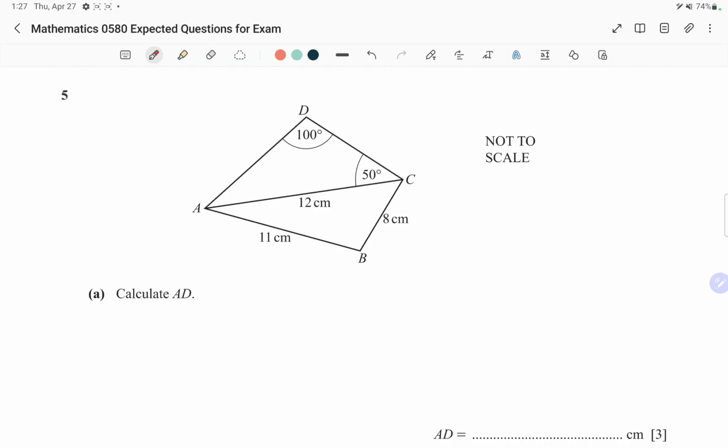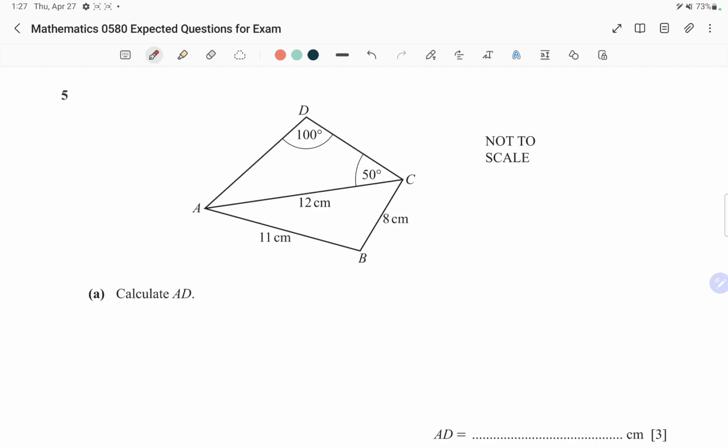Now come to this question that says ABCD is a quadrilateral where angles are mentioned. We need to find AD, this length. So we can apply the sine rule here.